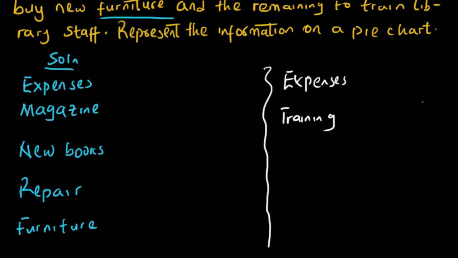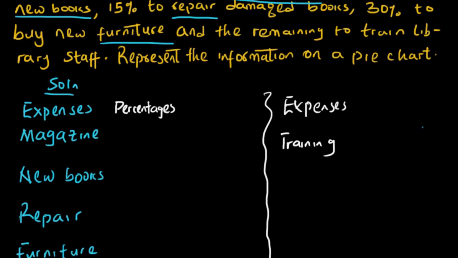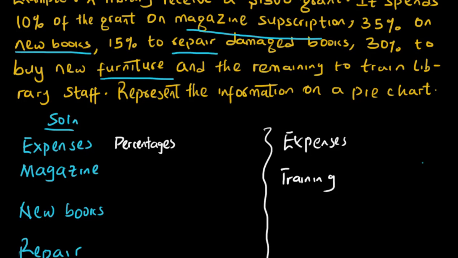Do you understand? Now the next thing we want to have is the percentages, since in this case we're given percentages. So for magazine subscription we have 10%. So we'll put 10%. For new books we have 35%. So we'll put 35%.